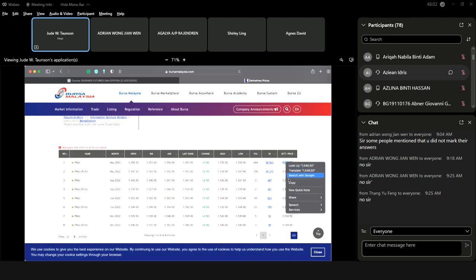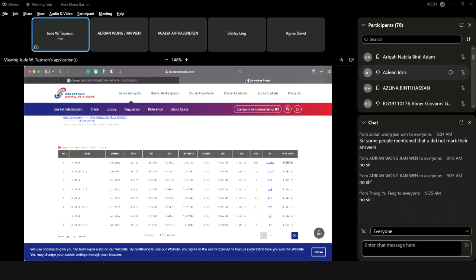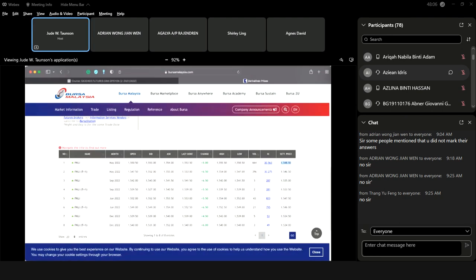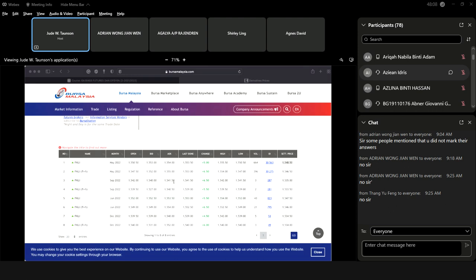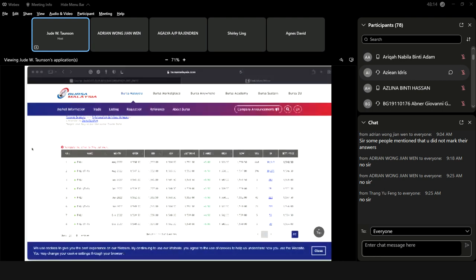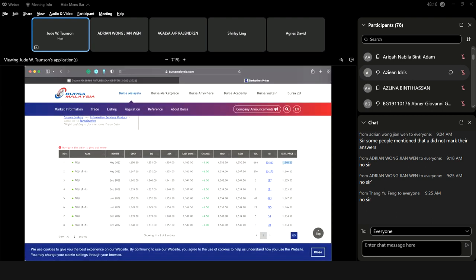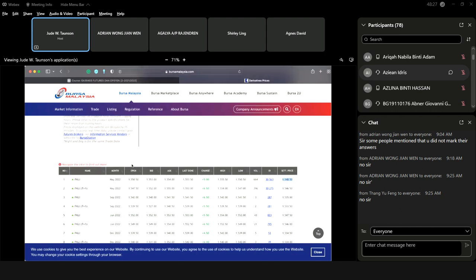I will put this price in our notes to see how it works, one example. This is the index futures, and this is the price. So what is the underlying? The underlying is of course the index, the KLCI.